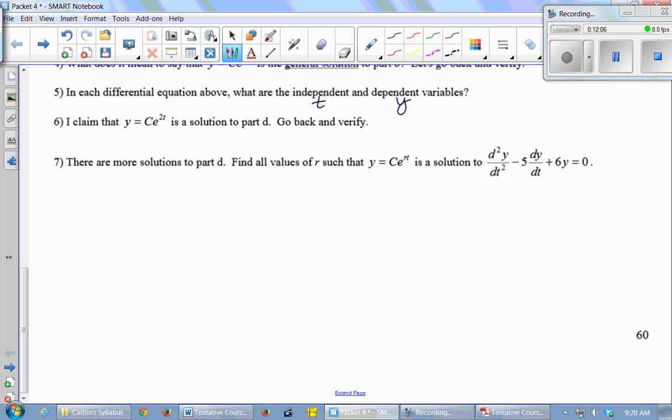Okay, so there are actually more solutions to part D, right? Not just c e to the 2t, but there are certain values of r that will give you a solution to part D for c e to the rt. So let's see, y prime of c e to the rt would be r c e to the rt, and y double prime would be what?